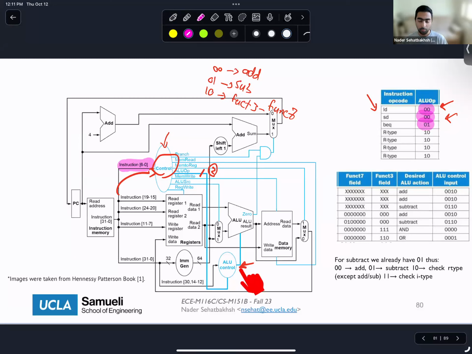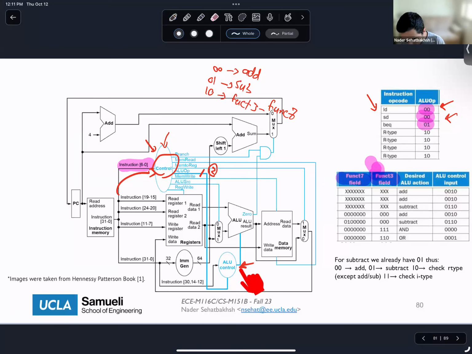Using the opcode, if you remember, we couldn't tell whether this is, for example, add or OR, because add and OR are distinguished in func3 and func7. In the opcode, we can only tell whether this is an I-type instruction, R-type instruction, load, store, or a branch. So I only have access to the opcode here, and I'm going to use this kind of contract.